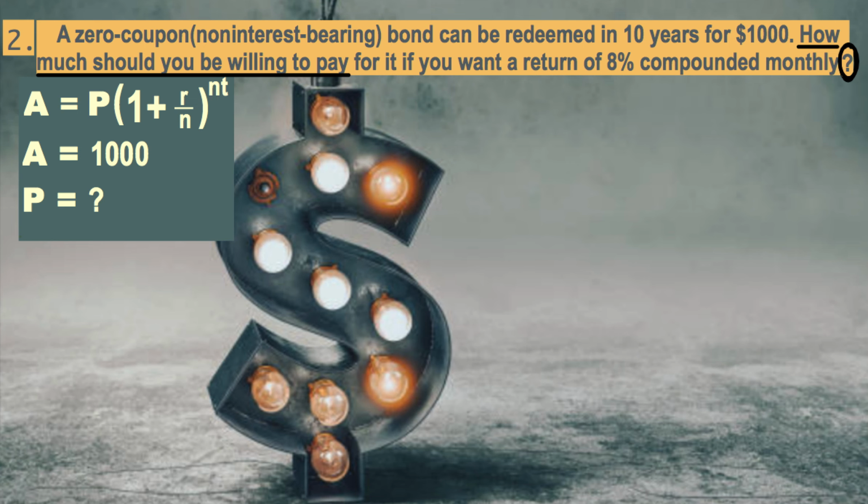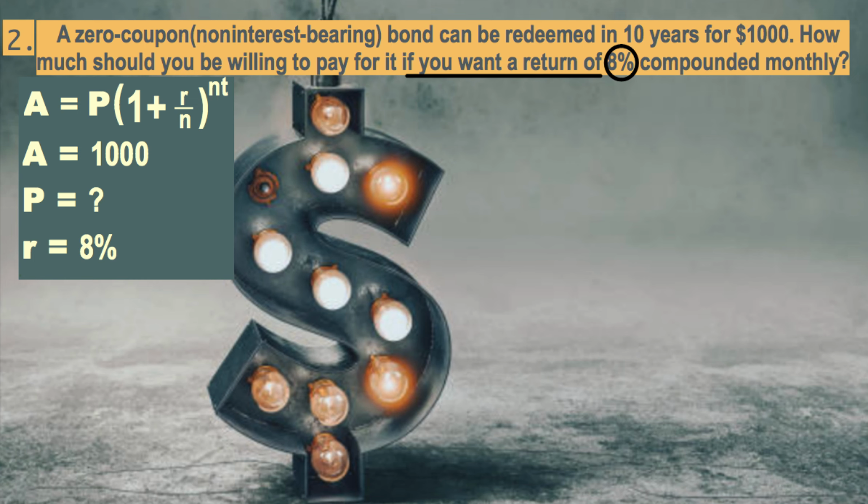How much should you be willing to pay for it indicates that we are unsure of the initial value that we would pay for such a bond, and it is a variable we are solving for. Our rate is 8% because the question states you want a return of 8%, or 0.08 when written as a decimal.